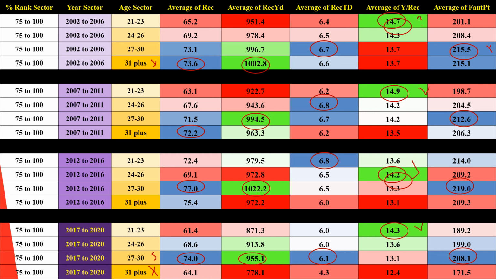But right now I'm moving on to this. So I think this peak concept, 27 to 30, dynasty players take note here, and realize that these young wide receivers are not going to get as many catches probably. Okay?